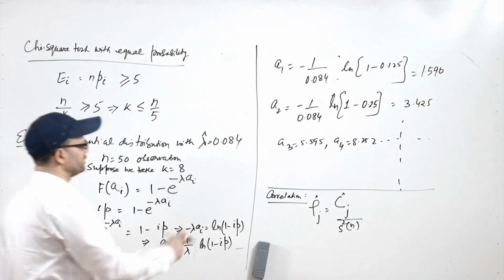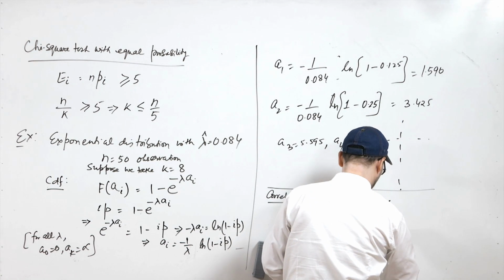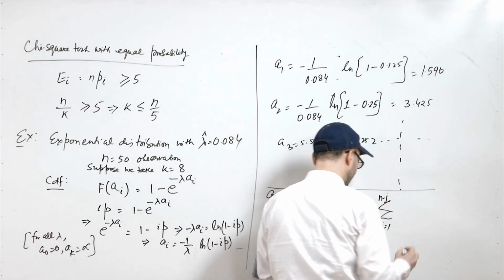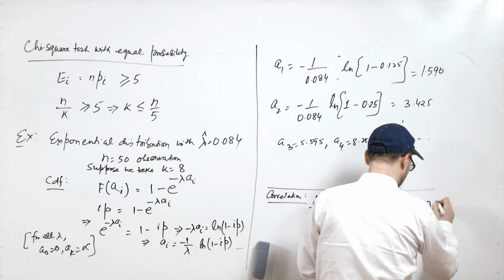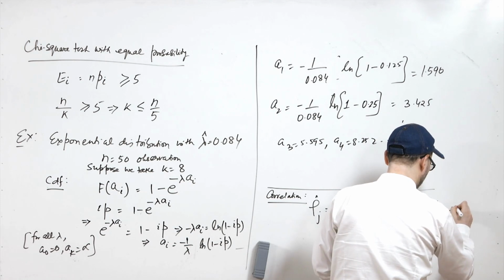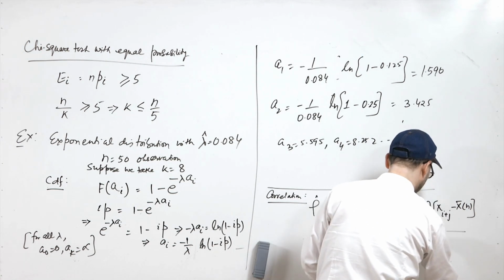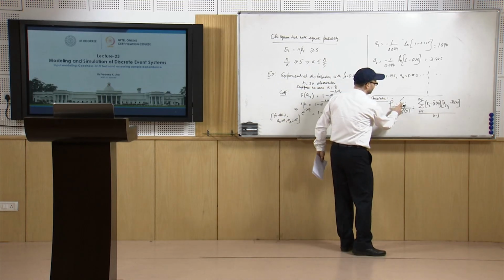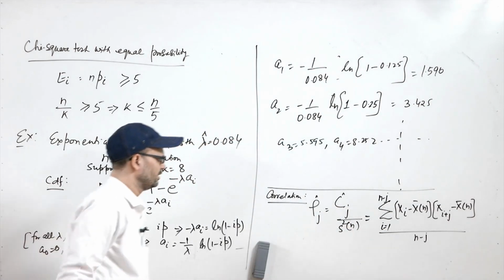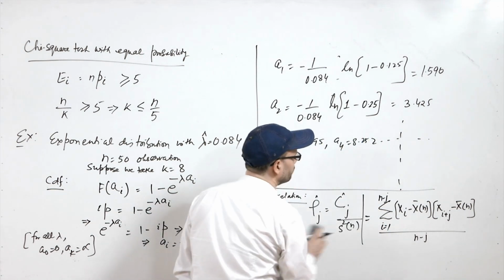Cj is computed as the summation from i equal to 1 to n minus j of xi minus x bar n, times xi plus j minus x bar n, divided by n minus j. So if you go from i to i plus j, the correlation between them is the covariance divided by S square n. This is the value of Cj.